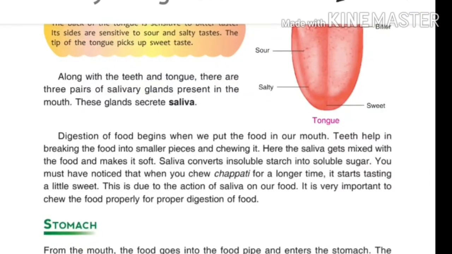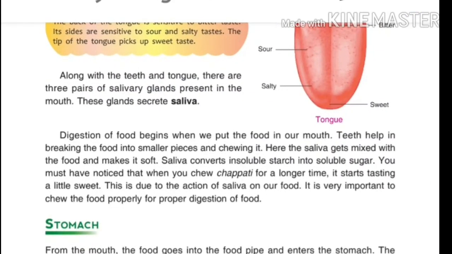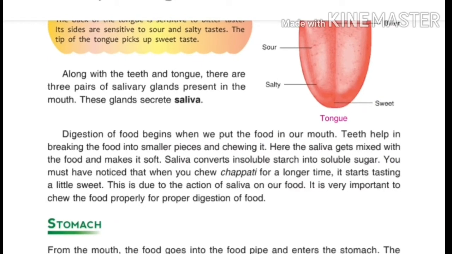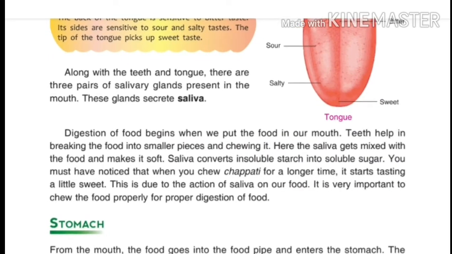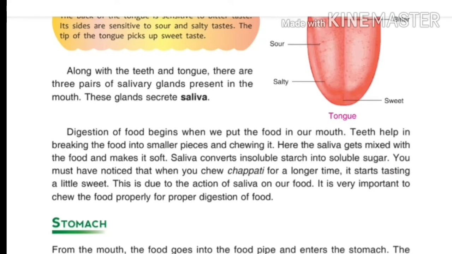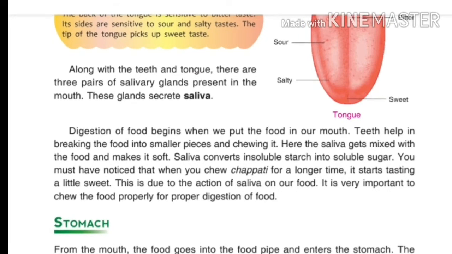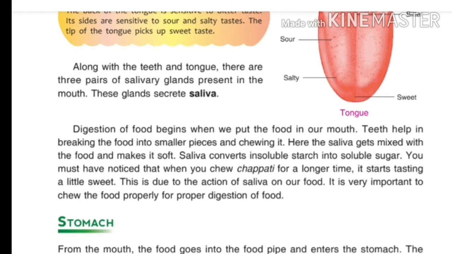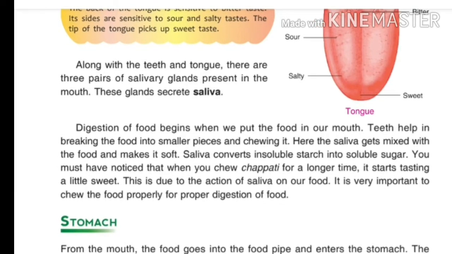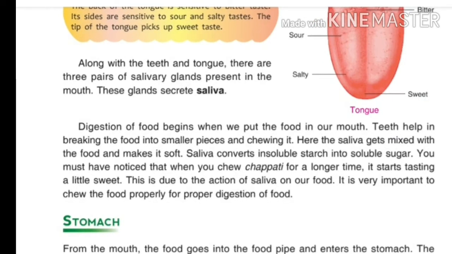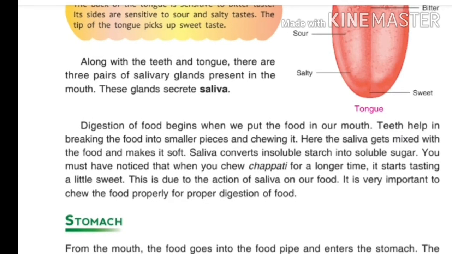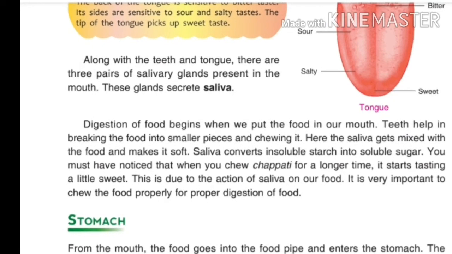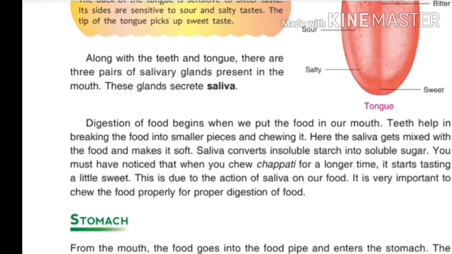As I said earlier, digestion of food begins when you put food in your mouth. Teeth help in breaking the food into smaller pieces and chewing it, whereas the saliva mixes with the food and makes it soft. Saliva also converts insoluble starch into soluble starch.